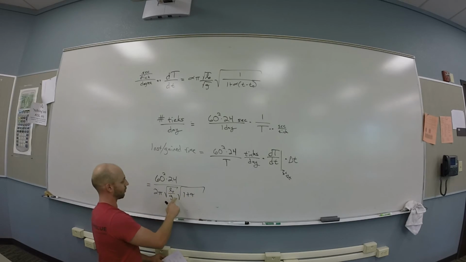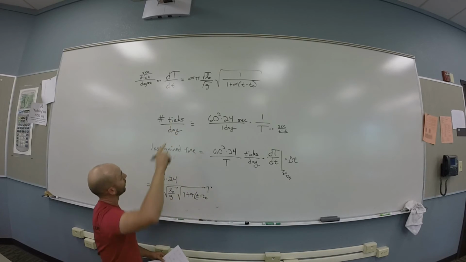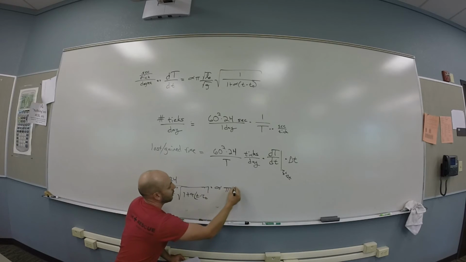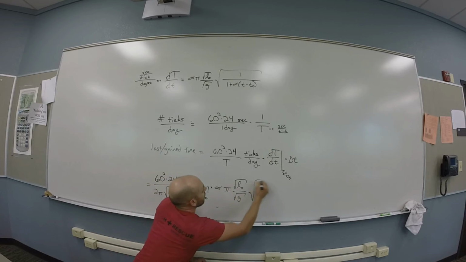So I've got L naught over g under a square root, and then I have 1 plus alpha (t minus t naught) in that square root. So that's all of capital T there. And then it's multiplied by my derivative information, so I've got an alpha pi square root of L naught over square root of g. And again, that's a little bit of a lie, but whatever. And then I've got the square root of 1 over 1 plus alpha (t minus t naught).